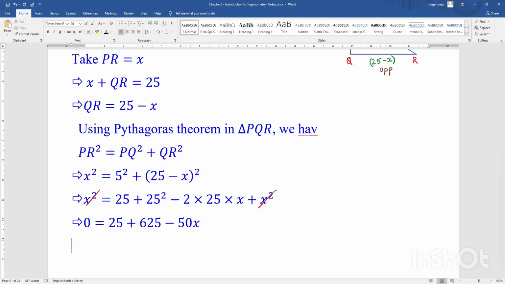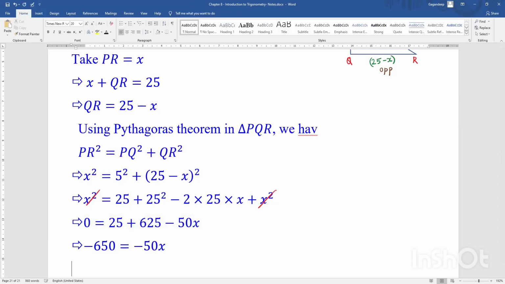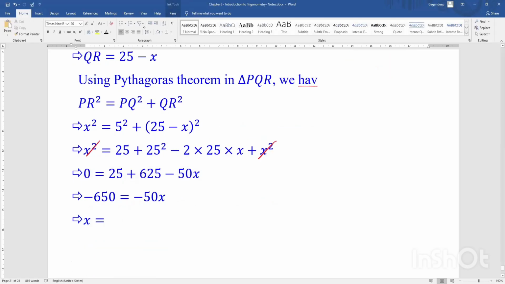Okay. Next step, what I can write is, it's equal to 0. So 625 plus 25 will be 650. 650, if I move it to the left hand side, it becomes minus 650, equals to minus 50x. Or we can write it as x is equal to 650 by 50, here minus and minus gets cancelled. We can cancel this minus sign.